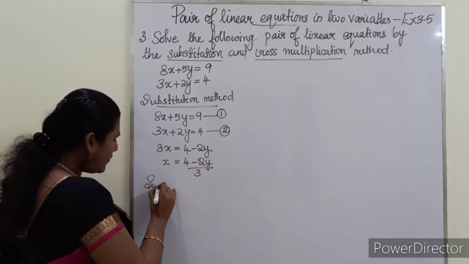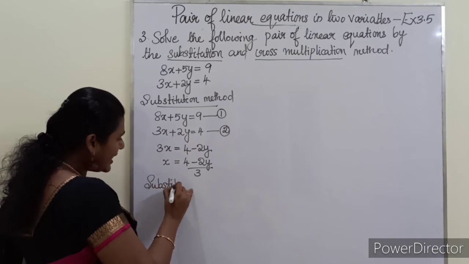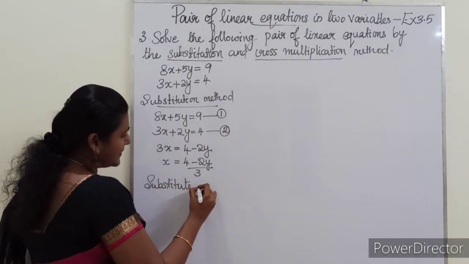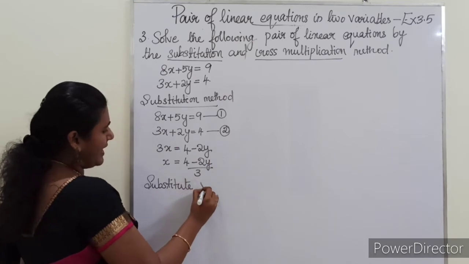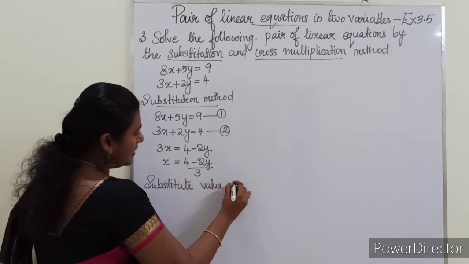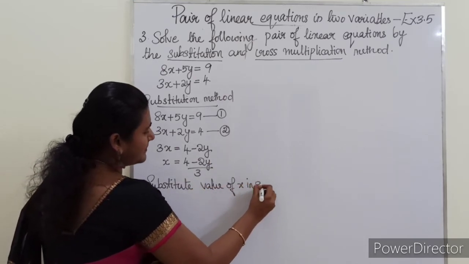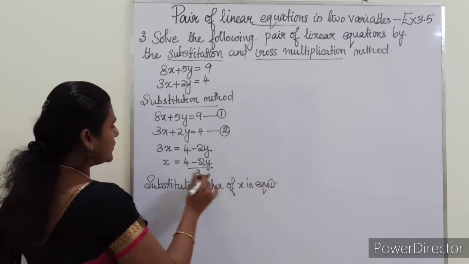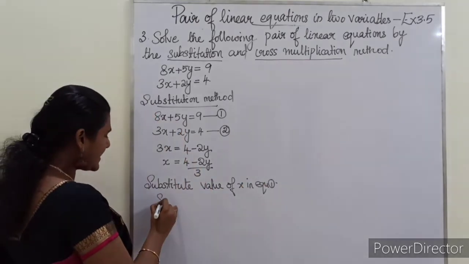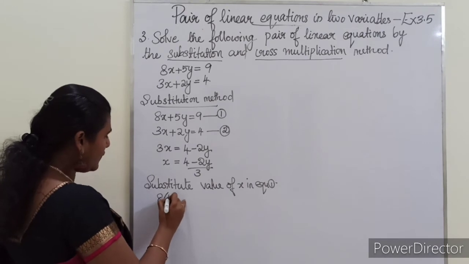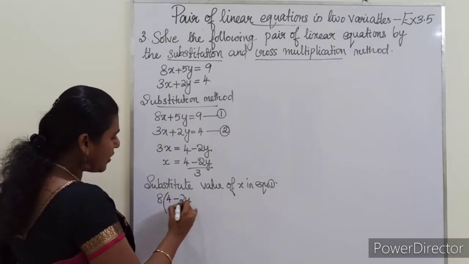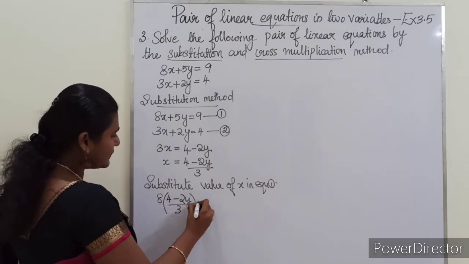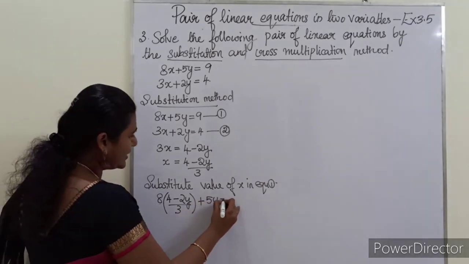So this value we are going to substitute in equation number 1. Substitute the value of x in equation 1. So in the first equation we will substitute, that is 8 into (4 minus 2y) by 3 plus 5y is equal to 9.